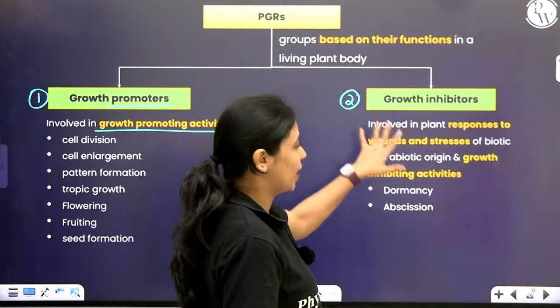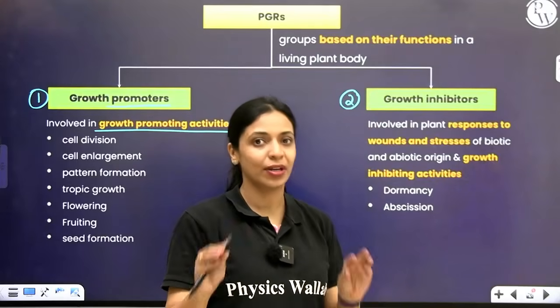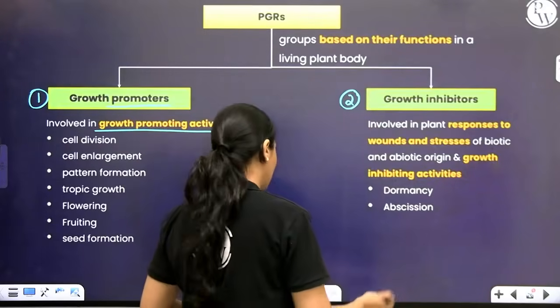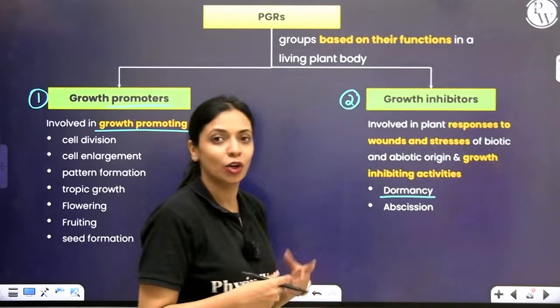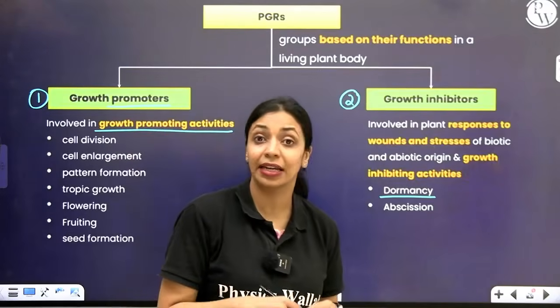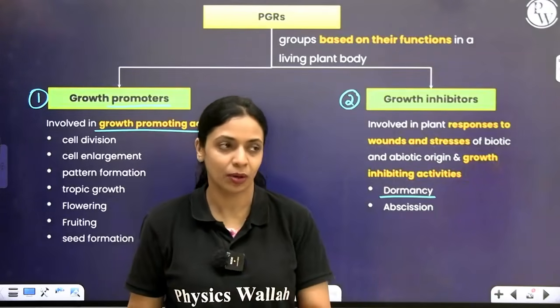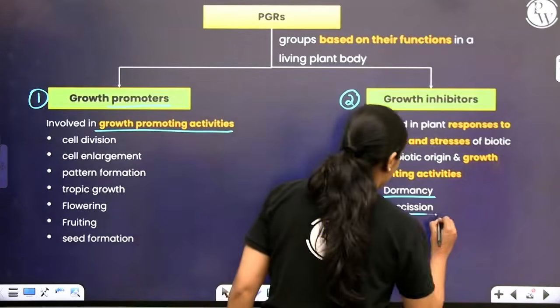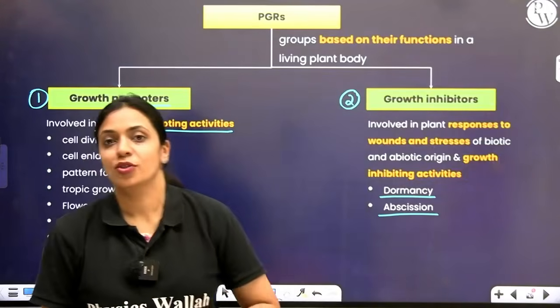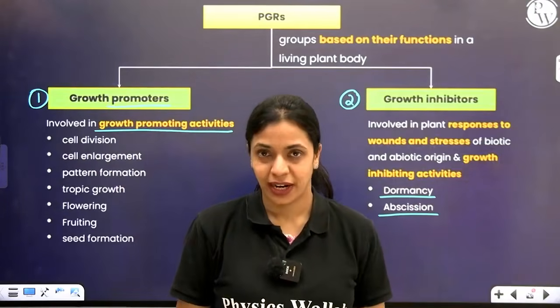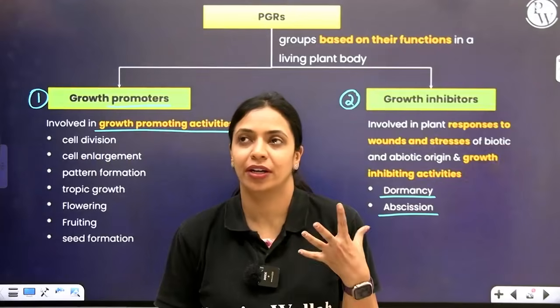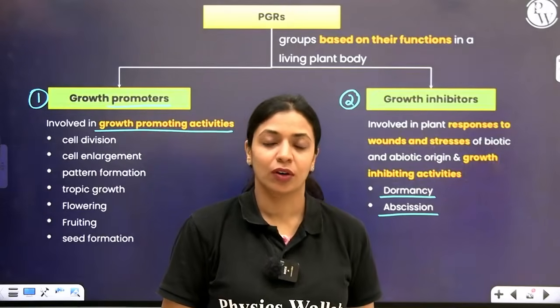On the other hand, we have growth inhibitors, which inhibit growth in plants. For example, they could cause dormancy. Dormancy means not allowing the seed to germinate, making the seed become dormant, or abscission, where some parts of the plant fall off, right? Like the older leaves fall off and the fruits fall off.